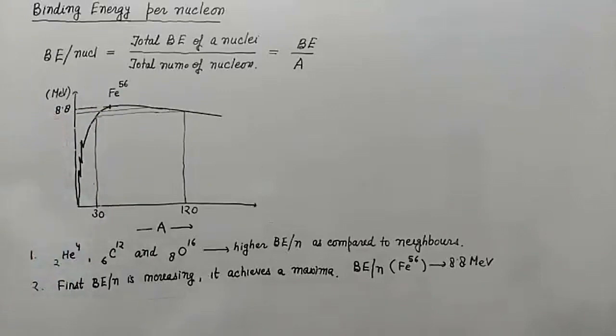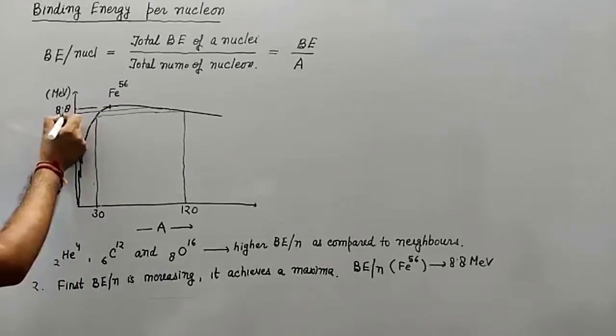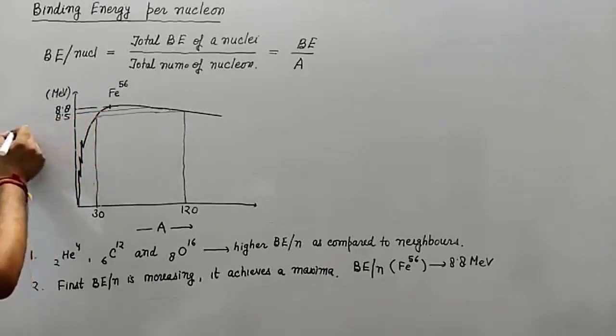What is the average value of this broader maxima? The average value is 8.5 MeV.